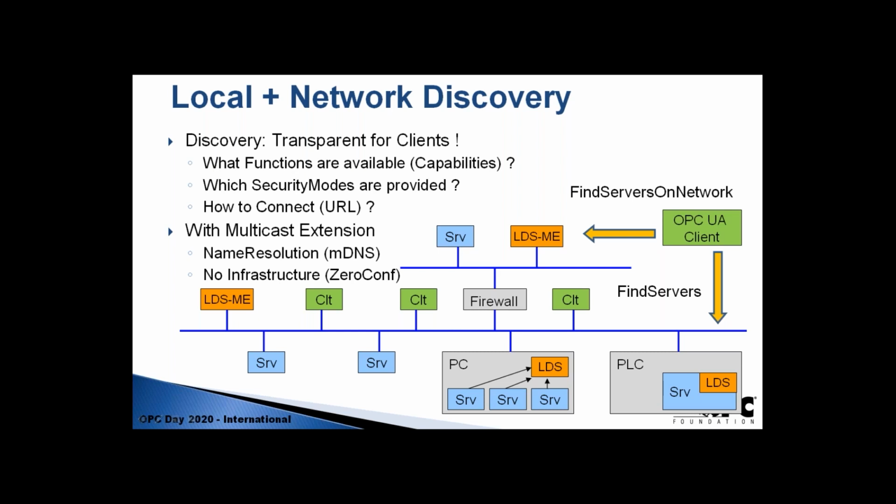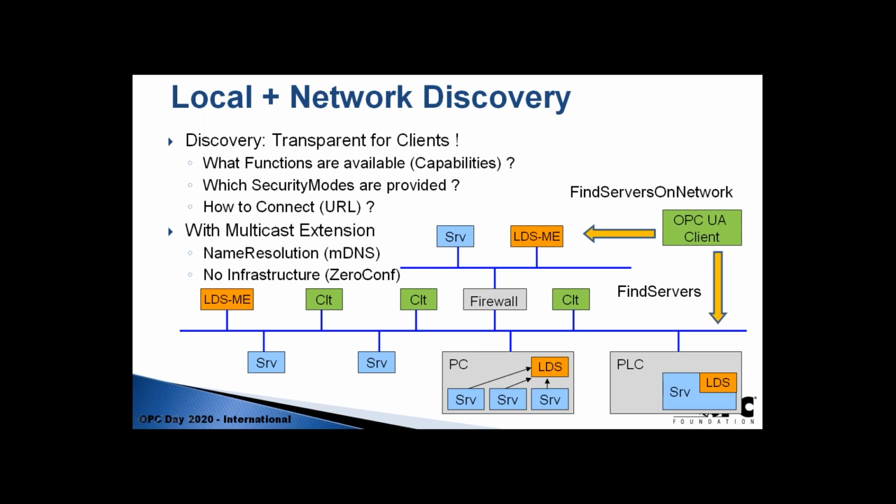In addition, we have what we call the LDS-ME, the LDS with multicast extension, that gives you additional information. It typically runs in a subnet, and it shows all the servers that are available in that subnet. The LDS-ME has additional features like name resolution, and it works without any infrastructure, so it's a zero conf mechanism.